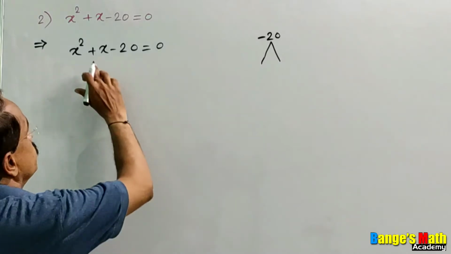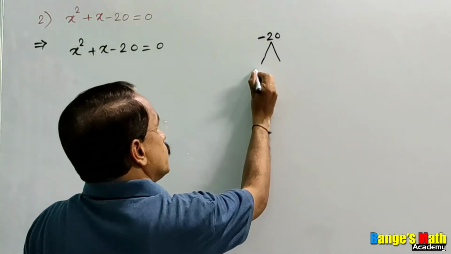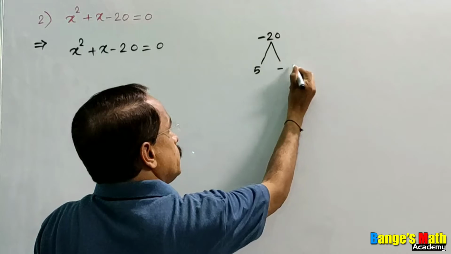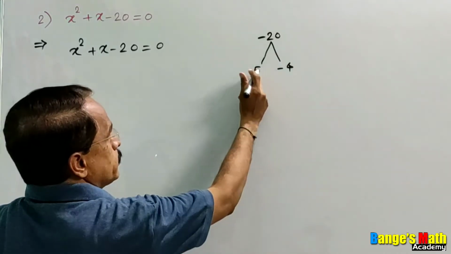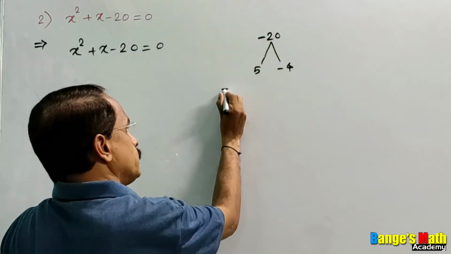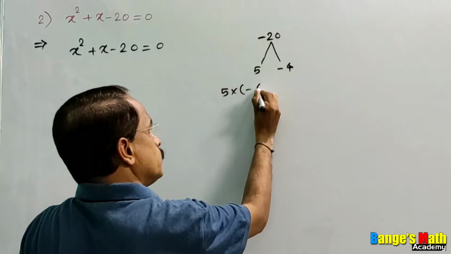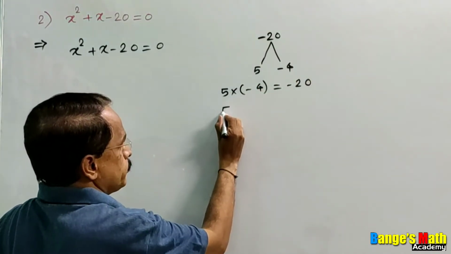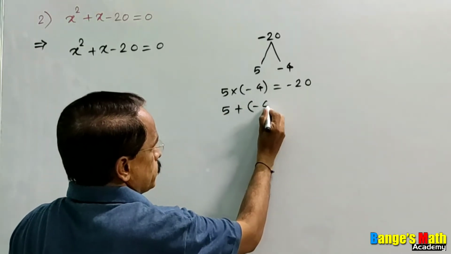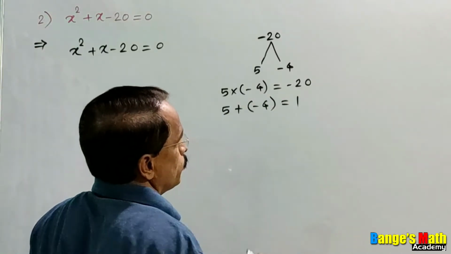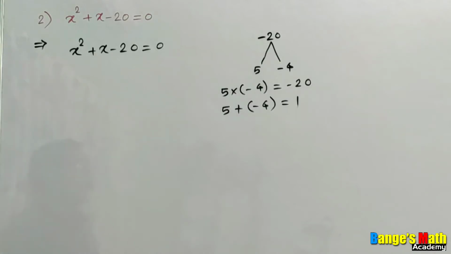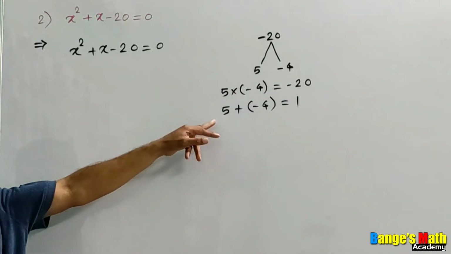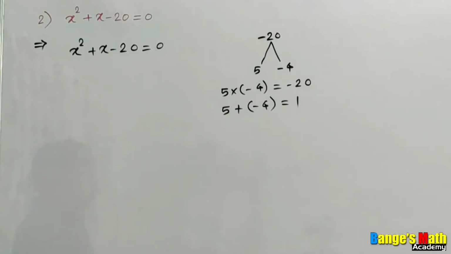So bigger one is positive. So plus 5 and minus 4. These are two numbers. So if we take product of this, 5 into minus 4 is equal to minus 20 and their sum 5 plus minus 4 is equal to plus 1. So we split the middle term as 5 and minus 4.